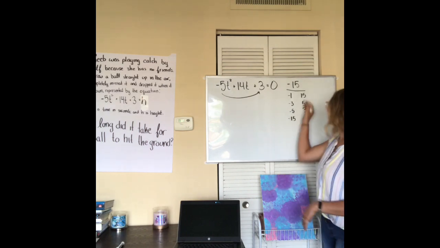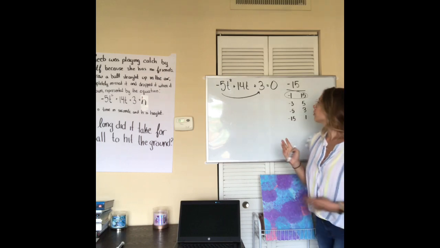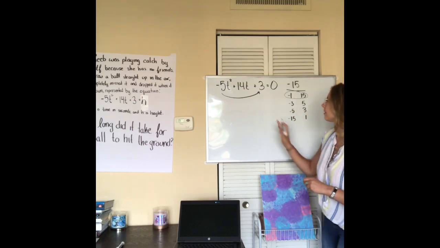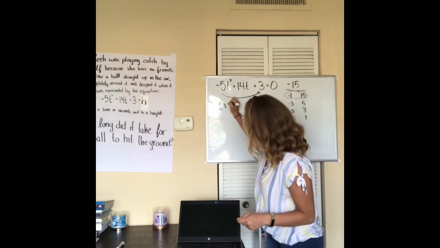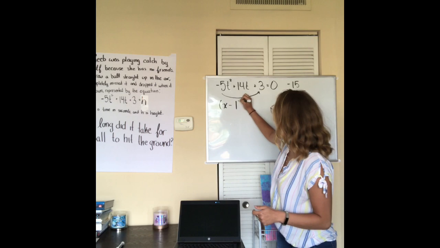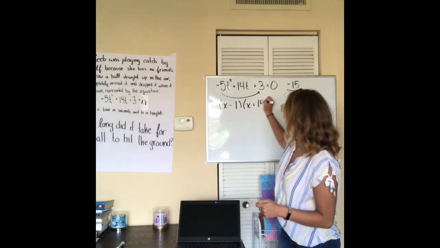And the factor pair that works is this one right here, negative 1 and 15. So now I'm going to take these numbers and write them out in factored form. So I have x minus 1 times x plus 15.